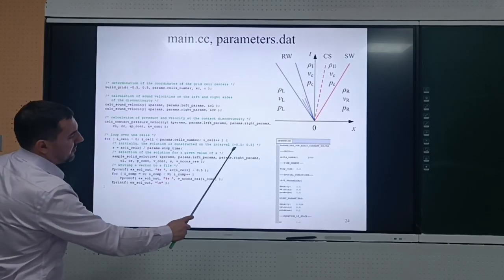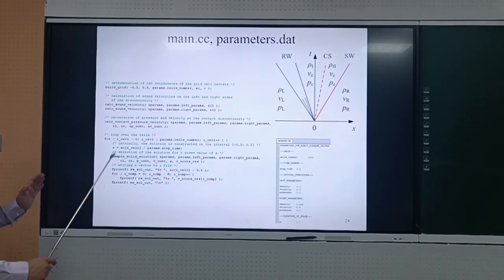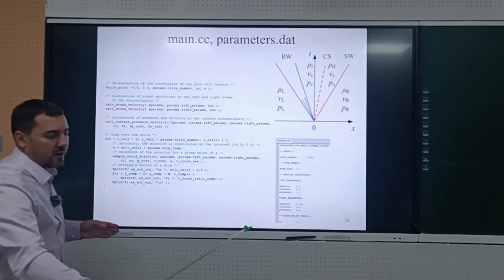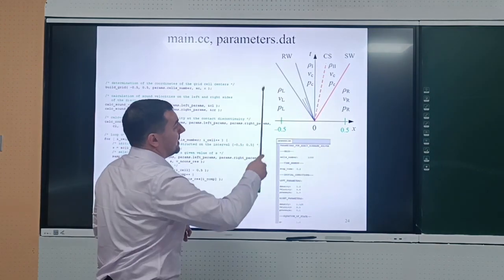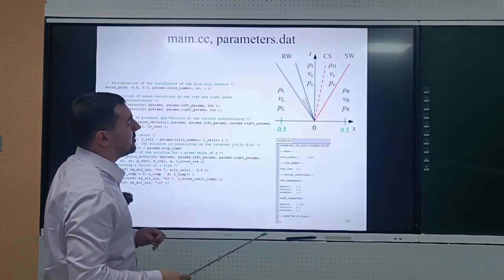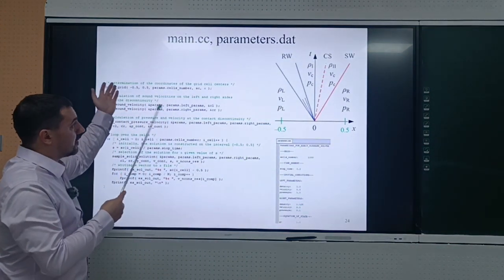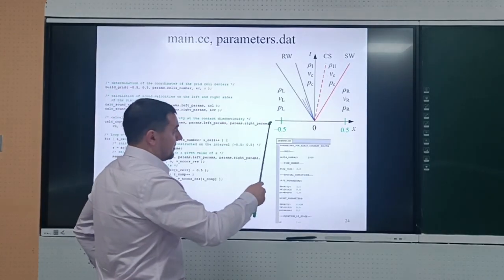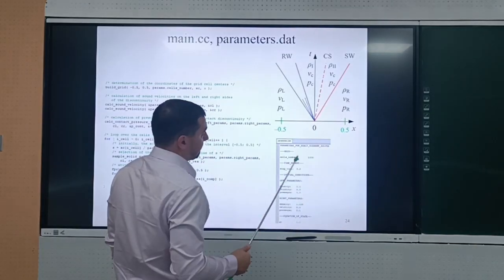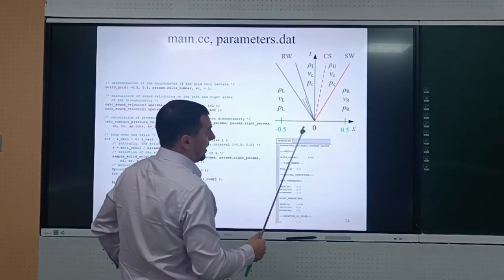Suppose it will be minus 0.5, 0.5, right? On this interval, we would like to build our exact solution. So this pattern corresponds to the solution of the third shock tube problem, and we did not mention any boundaries, but now we have.